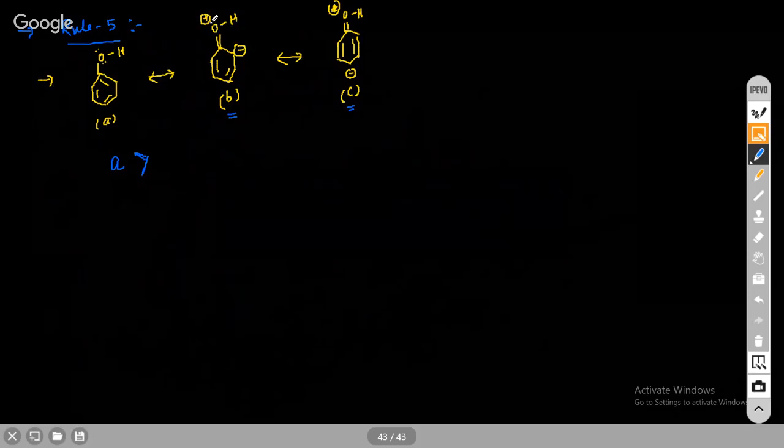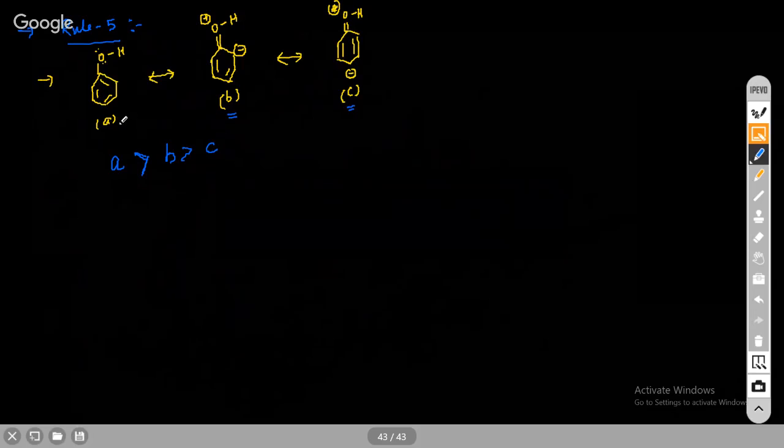That's why we are saying that like charges must be far apart and opposite charges must be closer to each other. You see in option B, these two charges are closer than in option C. So obviously B is more stable than C. Understood?